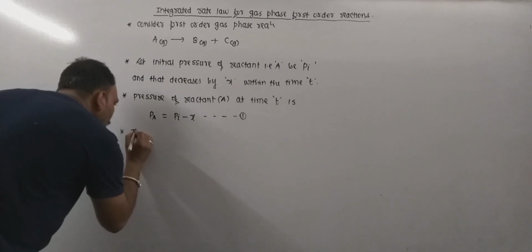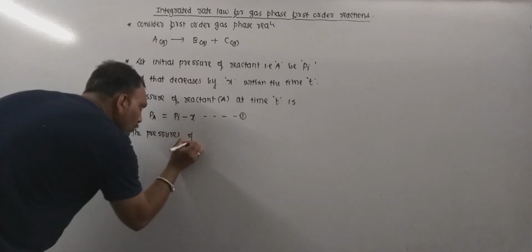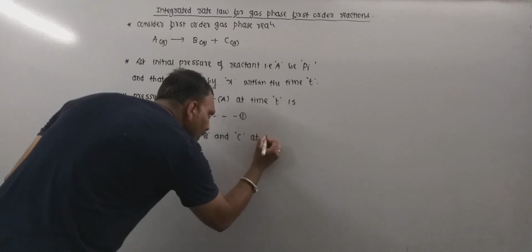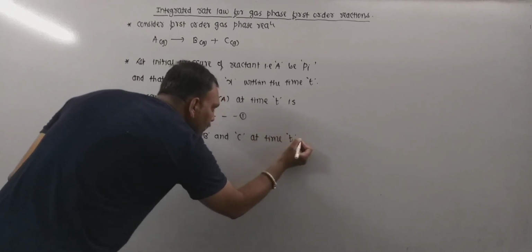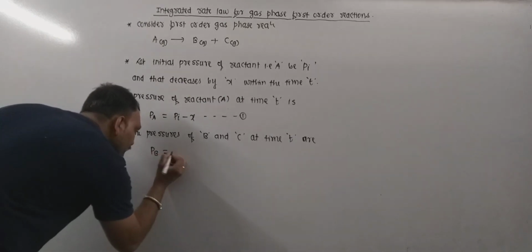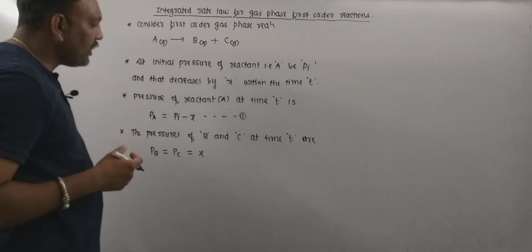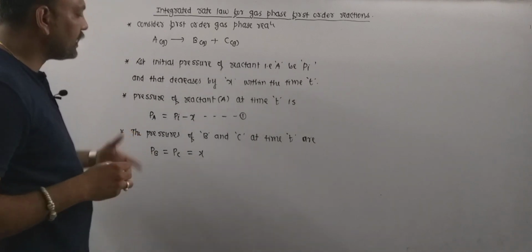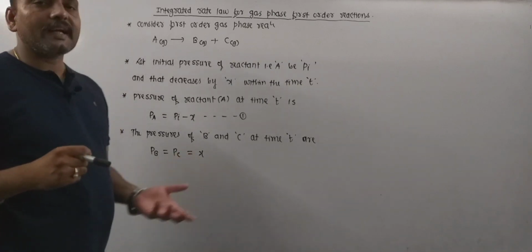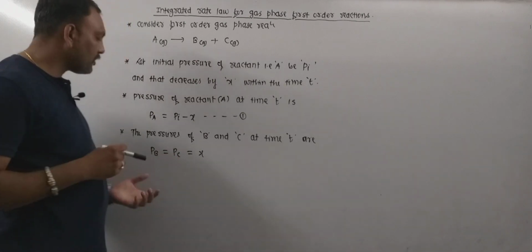So the pressures of B and C at time T are, PB equal to PC, equal to X. Why? Because the initial pressure decreased by X, and ultimately the reactant has been converted into product. Therefore X will be the pressure of B and C.